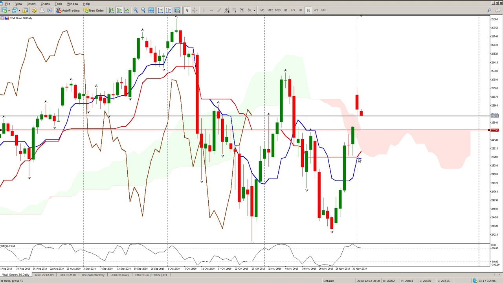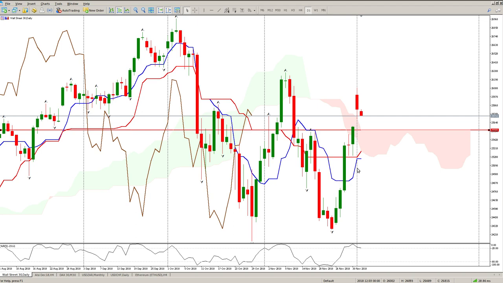When Kijun-sen is pointing up and Tenkan-sen is flat like this, normally you see that view the other way around. So Tenkan-sen is up and then Kijun-sen is flat. And here you see we've got divergence. Okay, remember that Tenkan-sen is our slow moving average, which is the blue one, and Kijun-sen is our other way around.